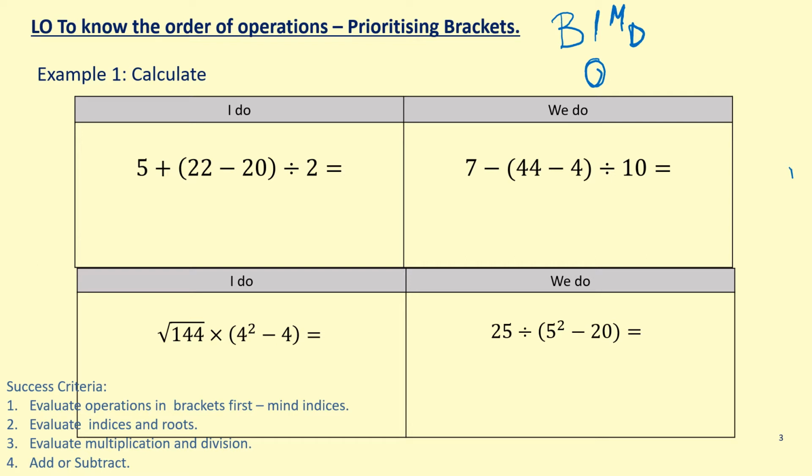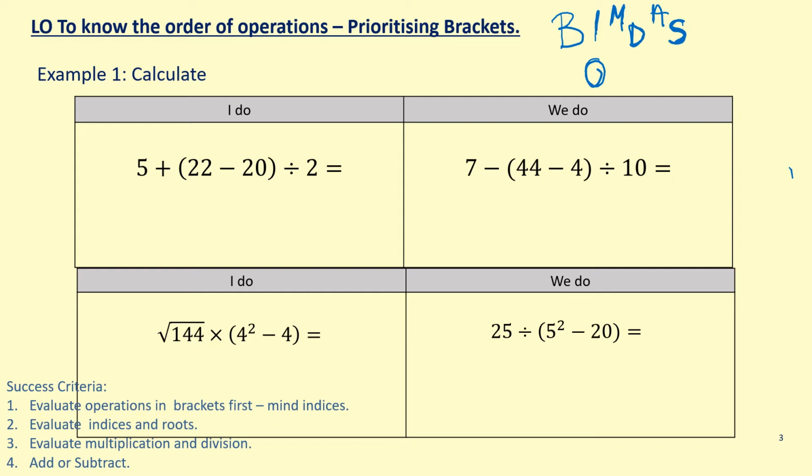When we only have multiplications or divisions in our mathematical sentence, then we would work just from left to right. However, they always come before addition and subtraction. Sorry, it's S. Addition and subtraction. So multiplication and division come before addition and subtraction.